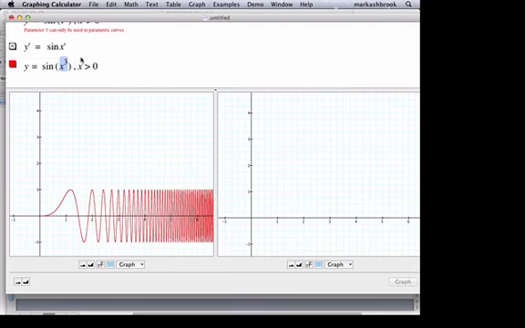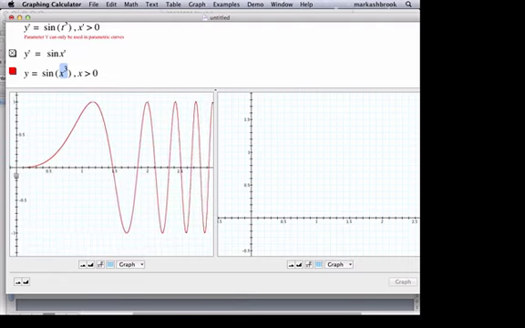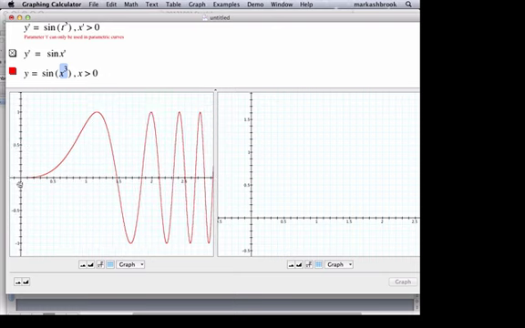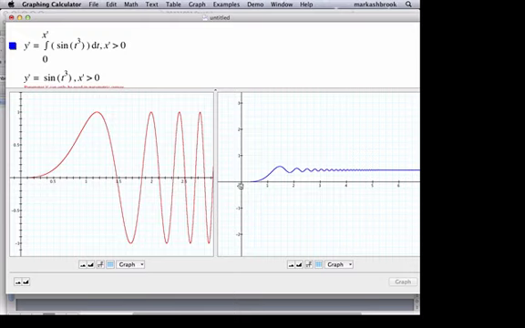All right, so here's sine of x cubed as a rate function. If I put that in, I can create this accumulation function as the integral of sine of x cubed. And this is what I get.